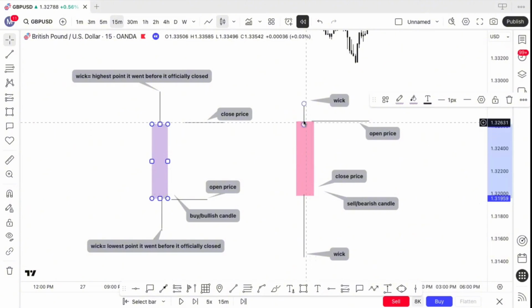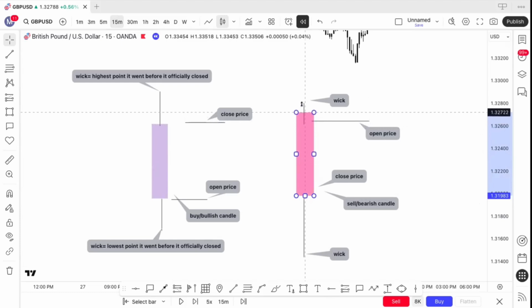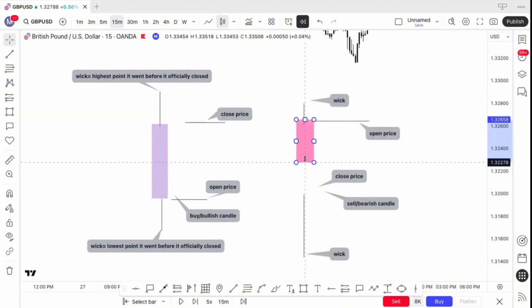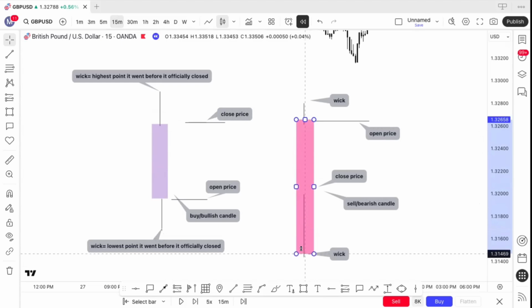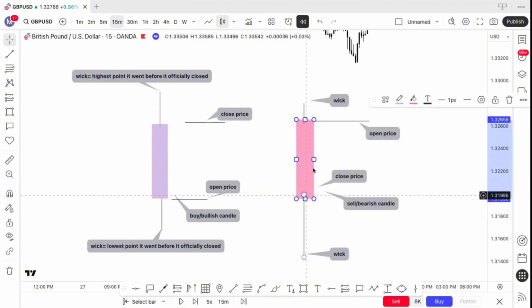But at some point before, let's say, 10:10 p.m., it was up here, right? So it opened here, but it ended up going up here for a little bit before officially pushing all the way down here, going as low as here, but it didn't stay here. It ended up going back up and then closed here at 10:10 p.m. Meaning this is going to be the closing price. This is going to be the opening price again because we're going down, and this is going to be the wick.